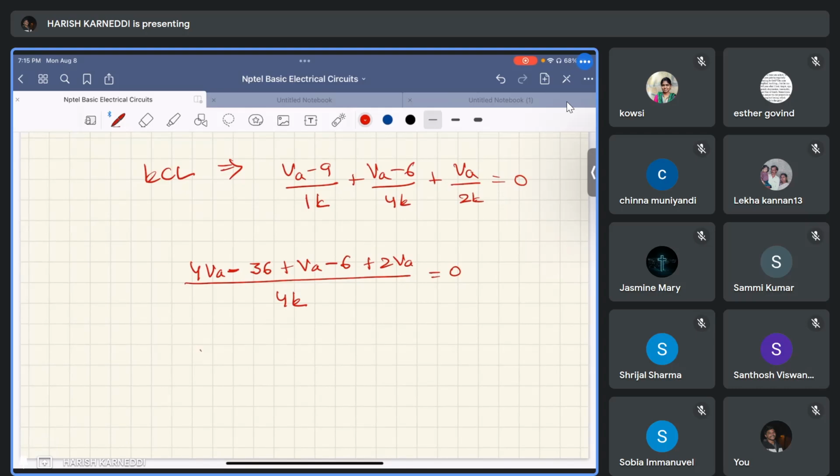What about this: 4VA minus 36 minus 6 is 42, plus VA plus 2VA equal to 0.